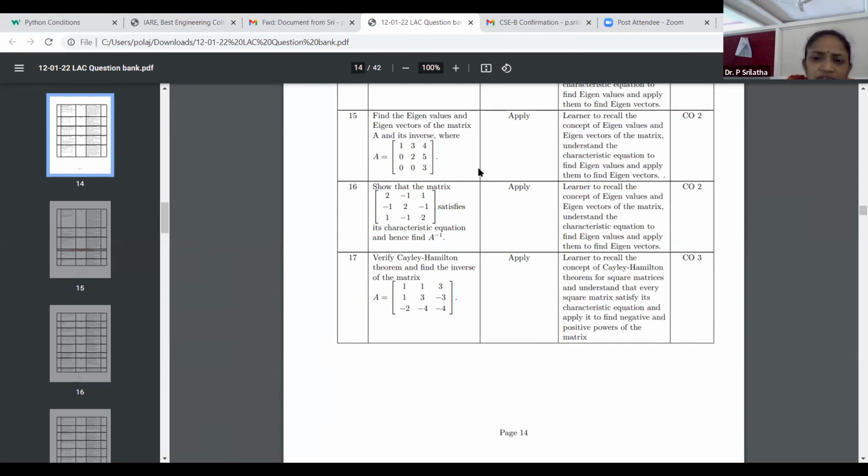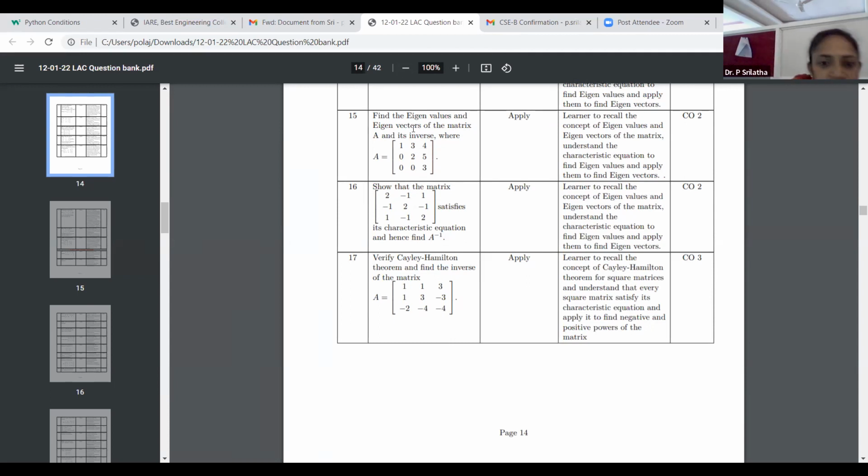Okay, you can use any method. I can use the Cayley-Hamilton theorem also. You can use it, because they have not mentioned it here, no? Can you tell me what are the eigenvalues for this particular matrix? I didn't do it, ma'am. Tell me. That is an upper triangular matrix, right? 1, 2, 3. So that's why the diagonal elements are the eigenvalues.